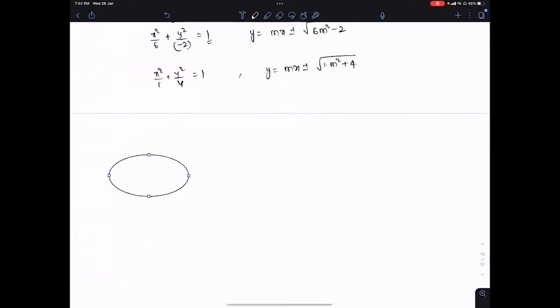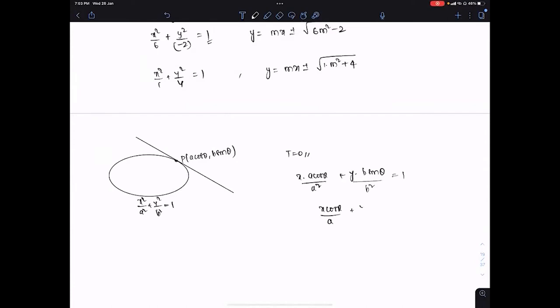So in general, if we have any point on the ellipse as a cos theta comma b sin theta, then the equation of tangent to this ellipse at this point, where the ellipse is x square by a square plus y square by b square equals 1, is x cos theta by a plus y sin theta by b equals 1. This is the equation of tangent in parametric form.